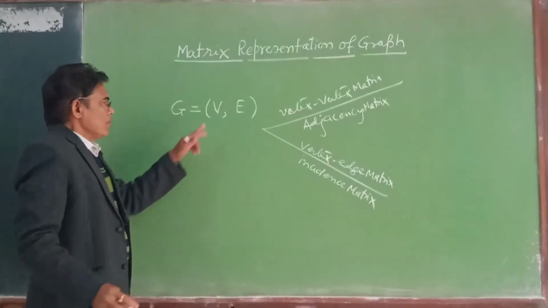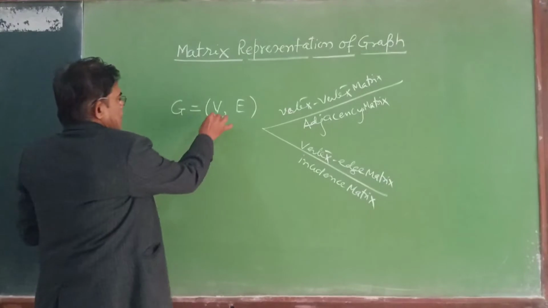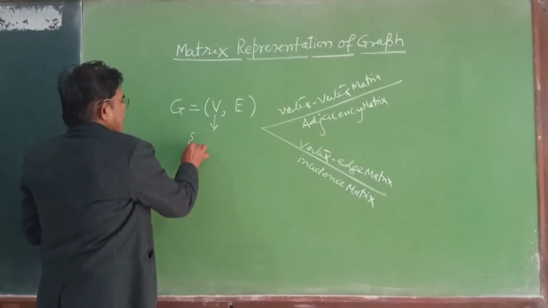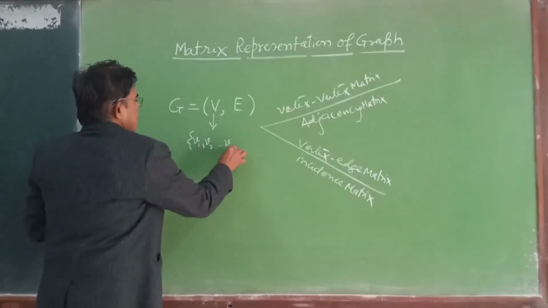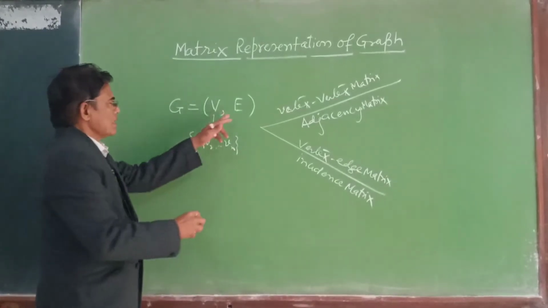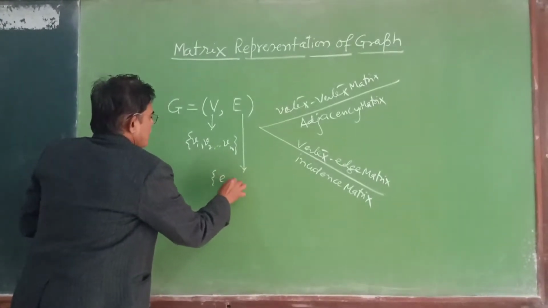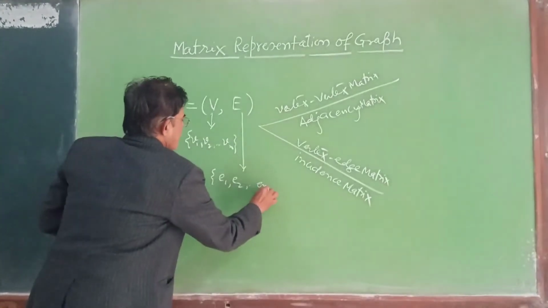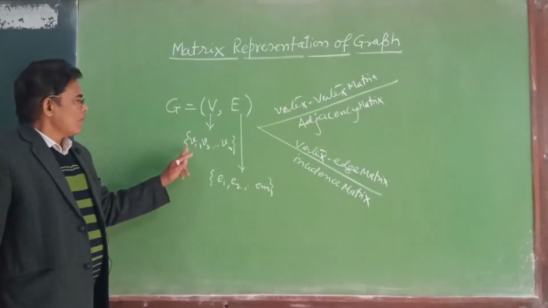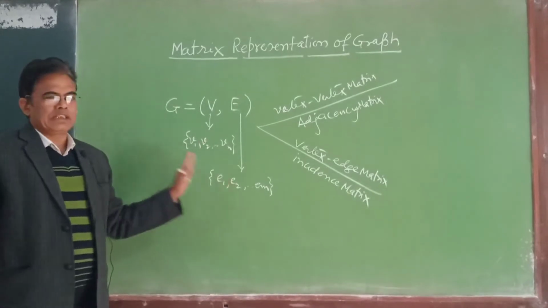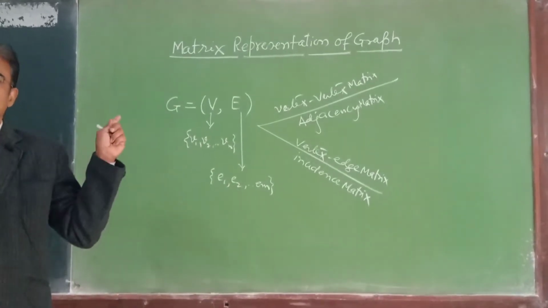So as we have V, the set of vertices, suppose this set V has V1, V2 up to Vn, and E, the set of edges, has E1, E2 up to Em. This means the graph has n vertices and m edges. So there are two types of matrices in this graph.